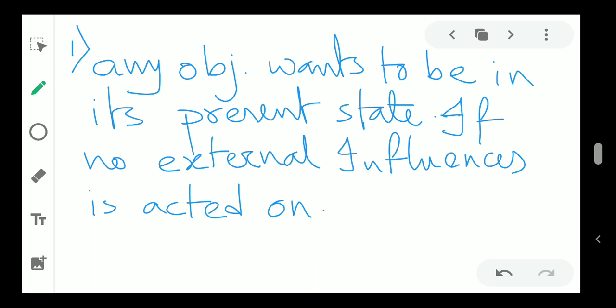Okay, now coming to the second law. Now the question is, okay, fine, now I know what inertia is and how any object behaves for its state. So now the question is, then how to influence and change the state.